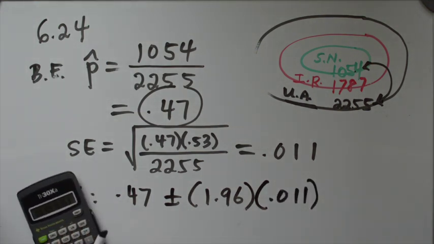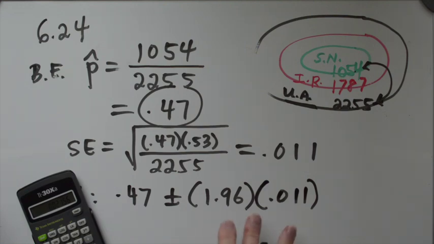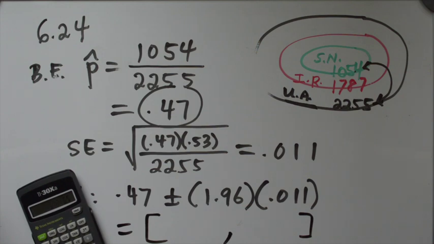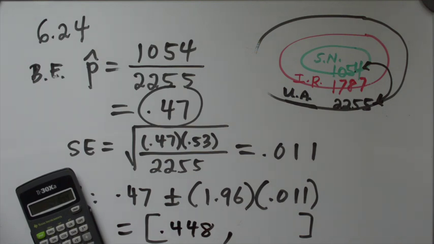We've seen this kind of calculation many times. Our margin of error is on the order of 0.02, so we're just going to store that. Let's get the endpoints of our interval. We have 0.47 minus the margin of error, that's going to go from 0.448, and this is going to be 0.492.